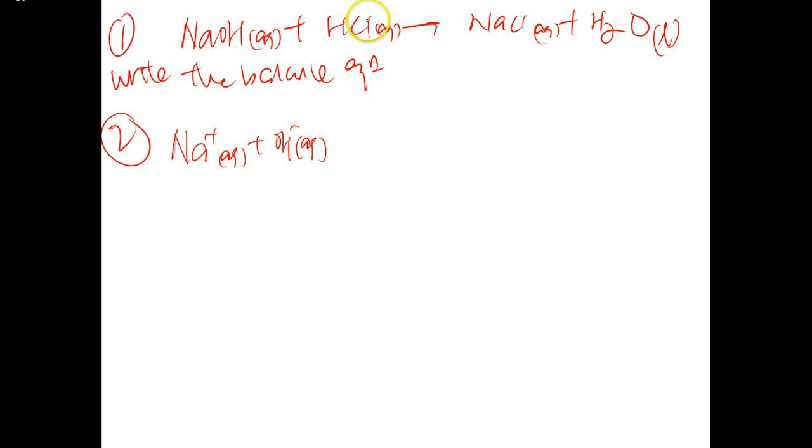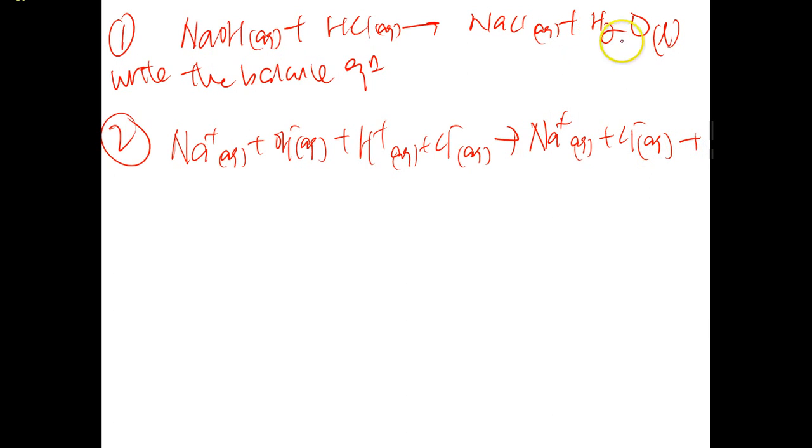HCl (aq), this is the acid in water, can dissociate to give me H plus (aq) plus Cl minus (aq). NaCl is an ionic compound. An ionic compound, when dissolved in water, can dissociate to give me the ions. So I have Na plus (aq), Cl minus (aq), and I have water here, H2O (l). H2O is a molecule. It cannot dissociate to give me H plus or OH minus or anything else. So it remains as H2O (l). So step 2 is to dissociate into ions.